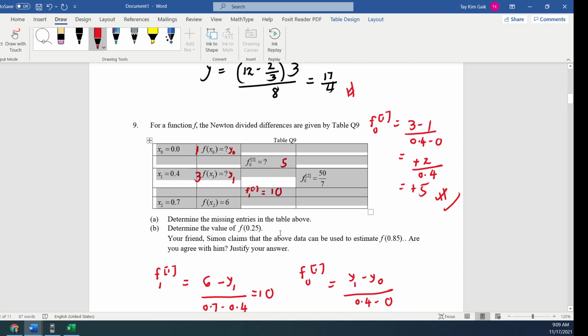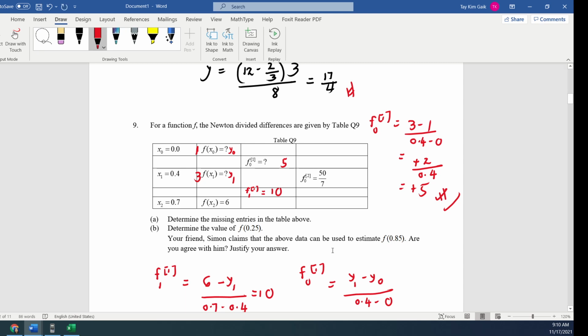Okay, doctor. And then, your friend Simon claims that the above data can be used to estimate f 0.85. Do you agree with him? Justify your answer.